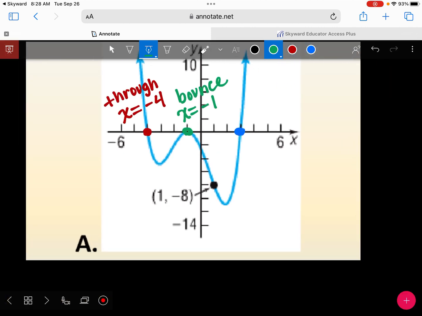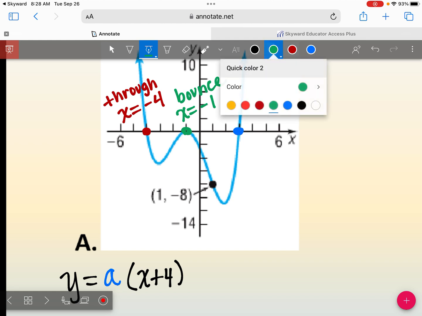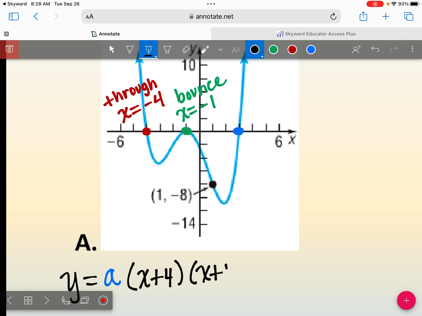So if it touches at -1, I'm going to write the factor of x plus 1, and I have to square that factor. And then lastly, I have a zero here at x equals 3. Does it go through at the 3, or does it bounce off the 3? Goes through.